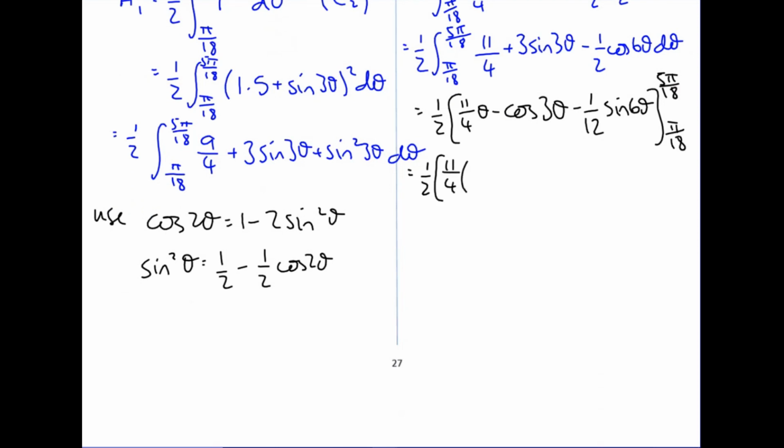11 over 4 times 5 pi over 18, minus cos of 3 times that, so that's 5 pi over 6, minus 1 over 12 sine 6 times that, so that's sine 5 pi over 3. And then minus what you get when you sub in pi over 18.